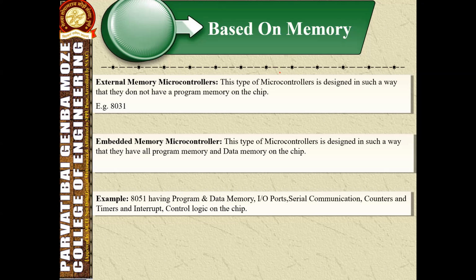Microcontrollers which do not contain inbuilt memory are called external memory microcontrollers. Embedded memory microcontrollers are designed in such a way that they have all the program and data memory on a chip.